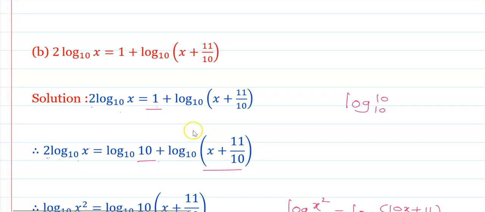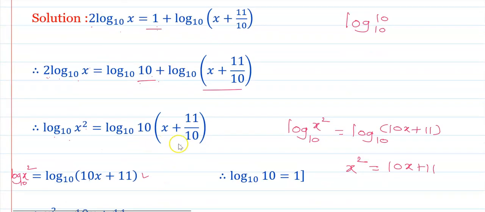Once again you can see, this one can be written as log of 10 to the base 10. Here there is a plus sign, therefore we'll take the product. And next take antilog, or we take the log of 10 cancelled. It means that the logs of these two quantities to the base 10 are equal, means what?